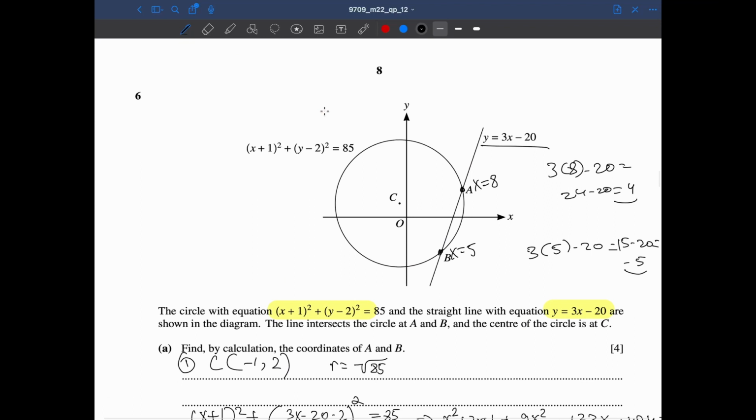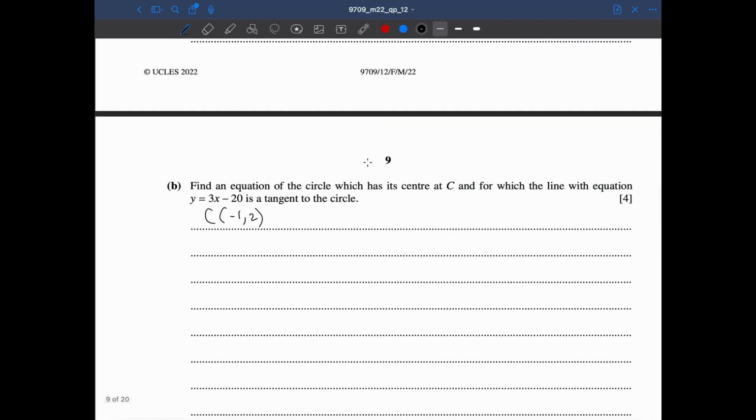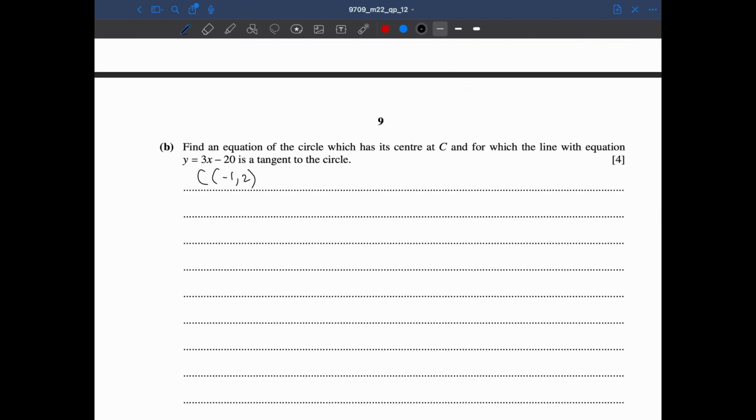What do we mean by tangent? We mean that it should touch the x-axis, not cross it. It should only touch it once. Tangent is a key word in coordinate geometry. So whenever you see tangent, you know you're going to be dealing with the number of answers to the equations.